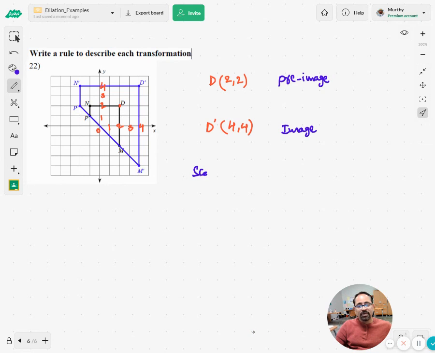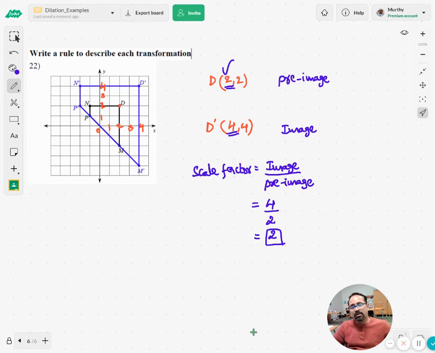So scale factor equals, think of SIP, image over pre-image. So you can take any one of the points, let it be x value or y value. So image value is 4 here, pre-image value is 2 here, 4 over 2, that gives you 2. So this is the scale factor.